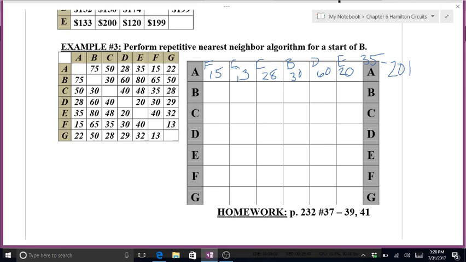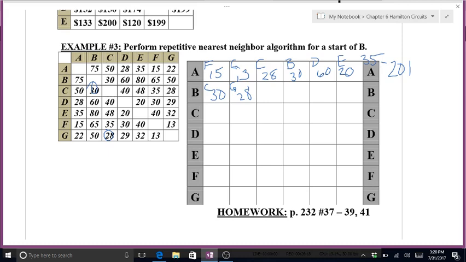Okay. Let's start at B this time. We start at B. We're going to head on over to C. Okay. When I leave C, C is going to take me to G. Okay.